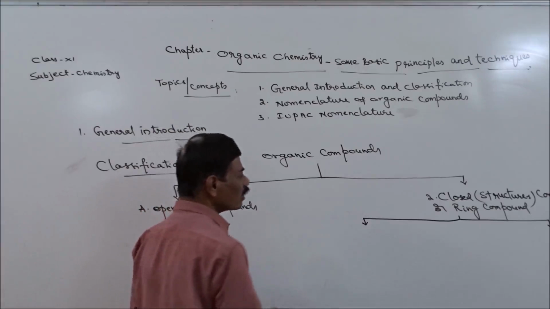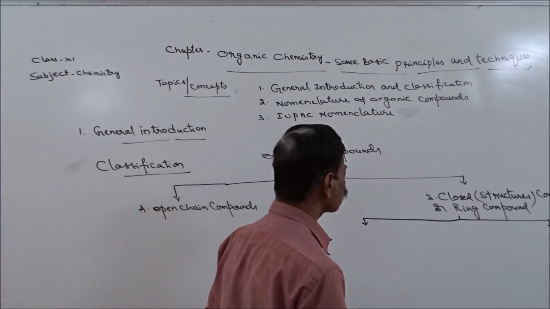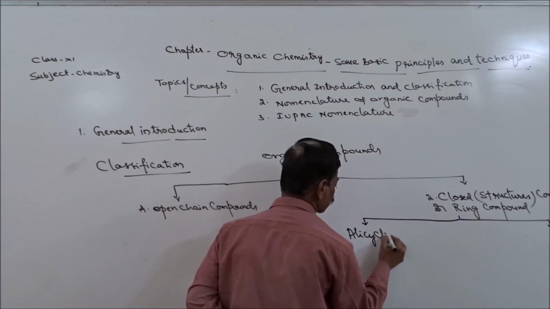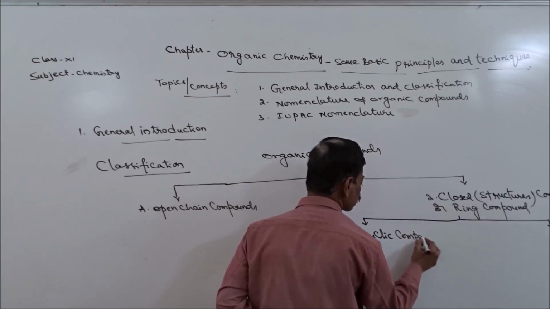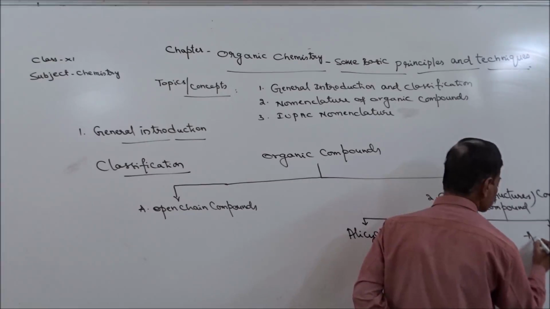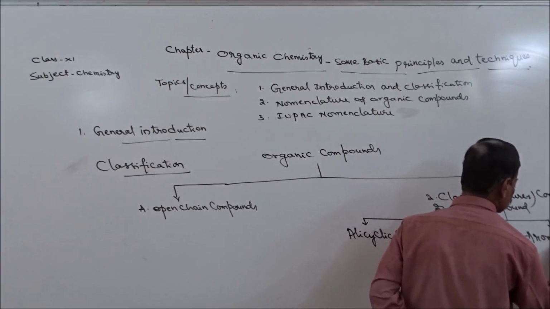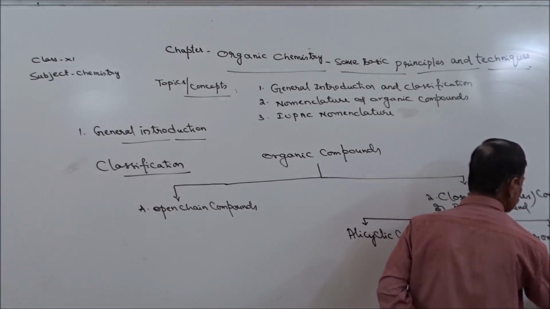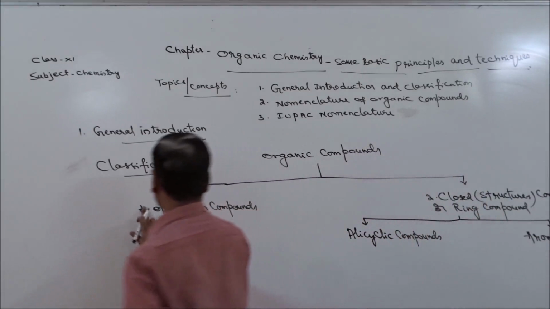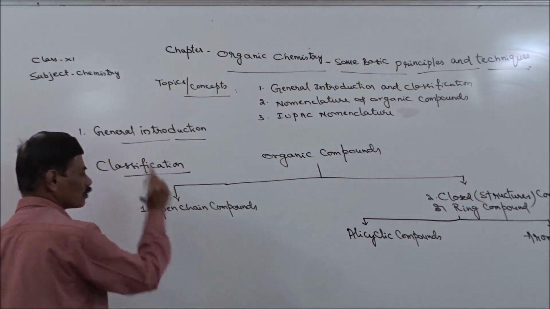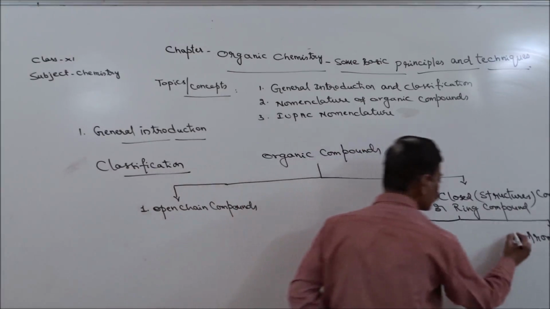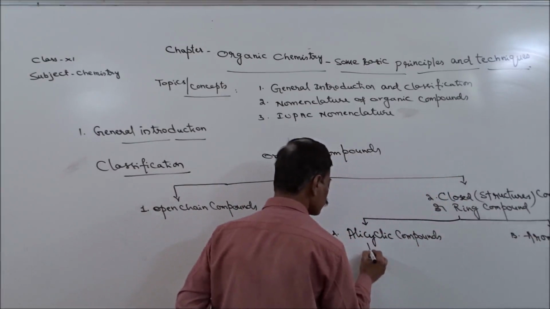That is alicyclic compounds and aromatic compounds. Right? This will be one. Next, these alicyclic compounds are further divided into two types.